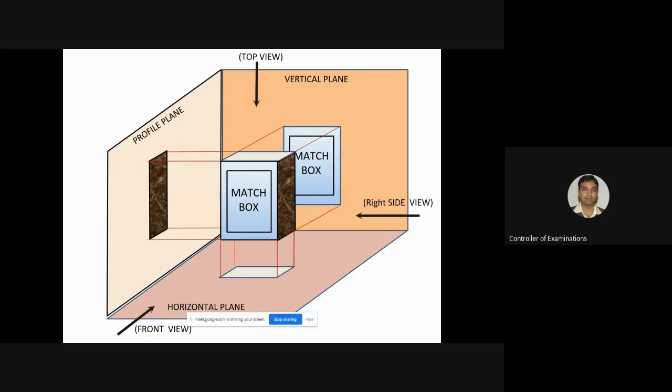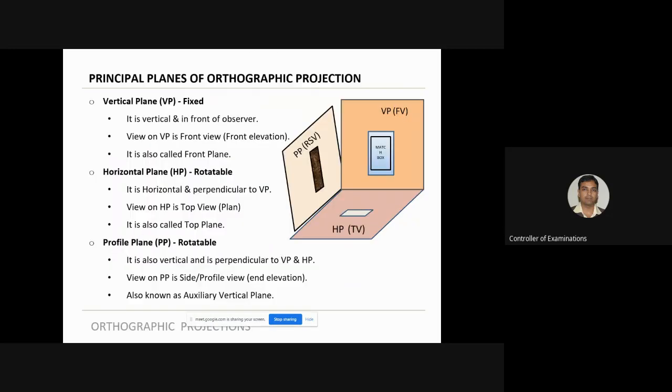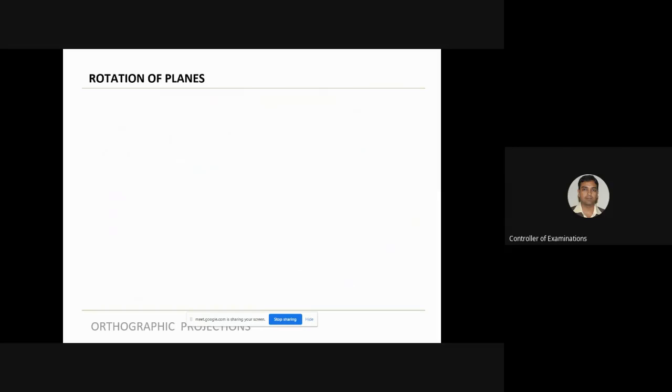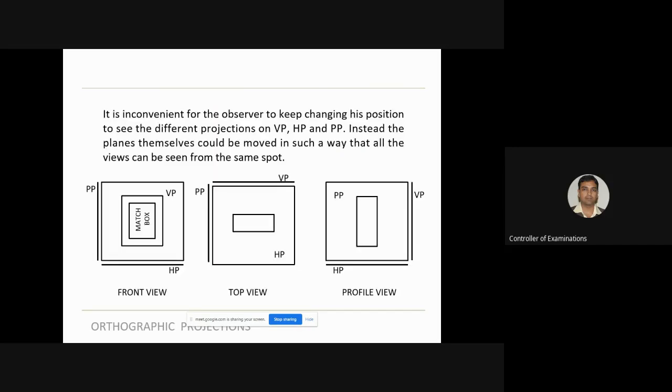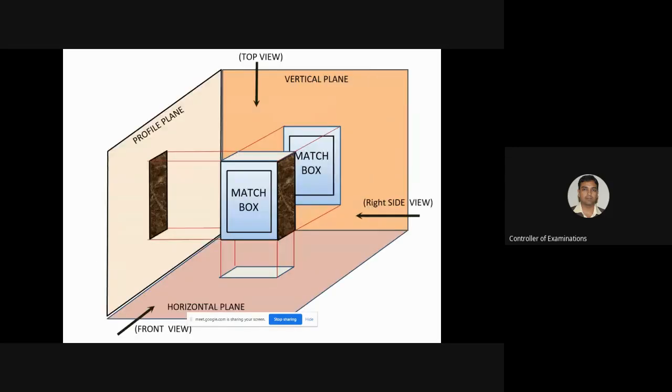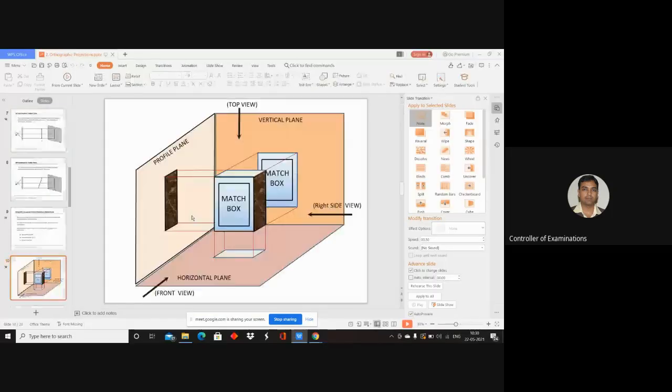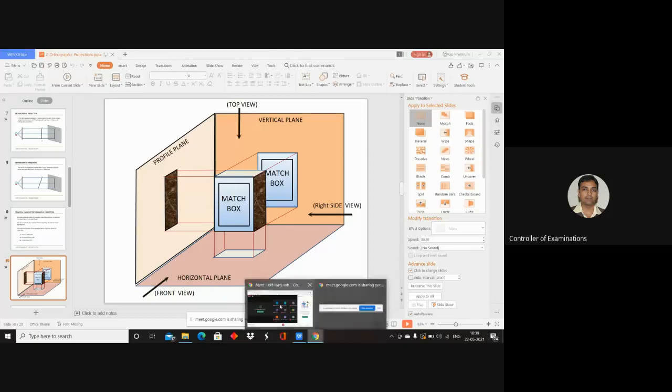So this is the application of the orthographic projection concept to a real life example, so that you can understand how unique each view is, how different each view and each dimension is. I think these other things we'll discuss in the next class. So I hope these things were clear to all of you.